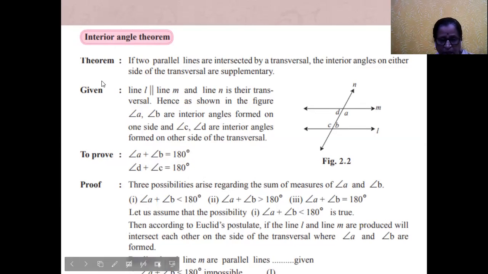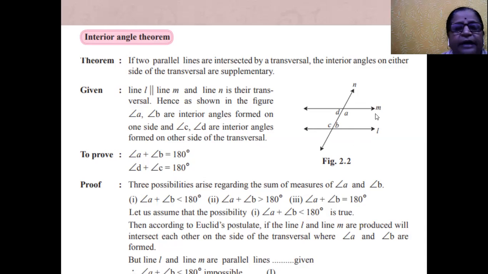What is this? If two parallel lines are intersected by a transversal, the interior angles on either side of the transversal are supplementary. Which are the interior angles?